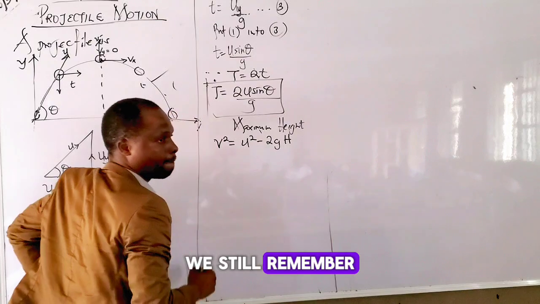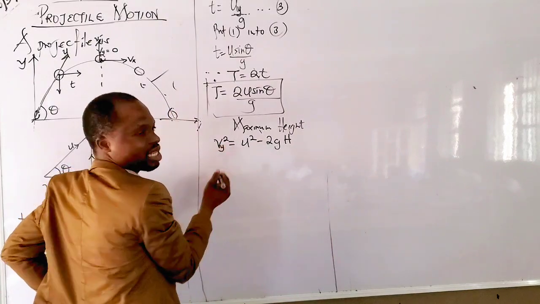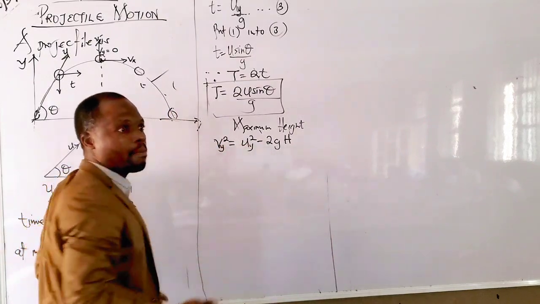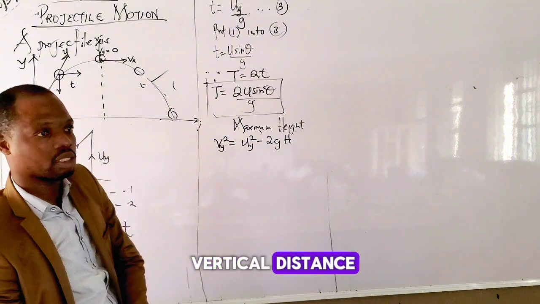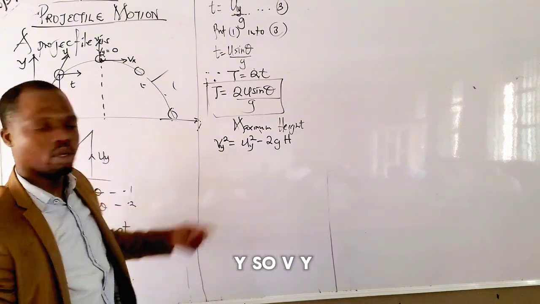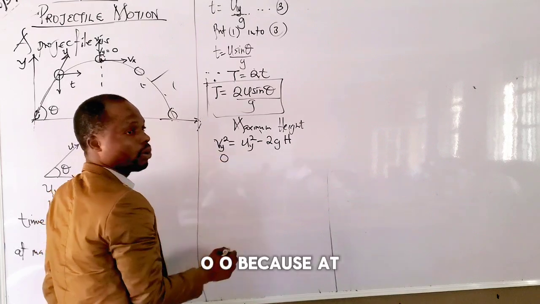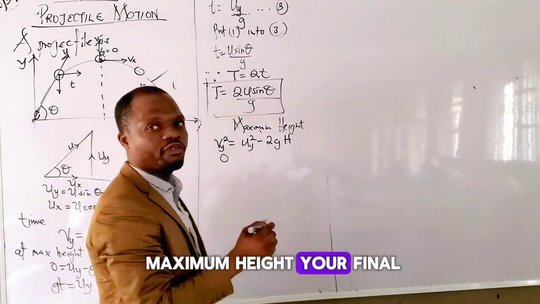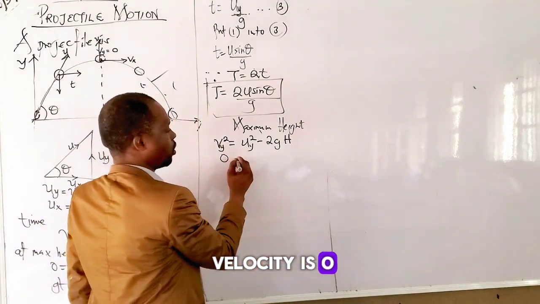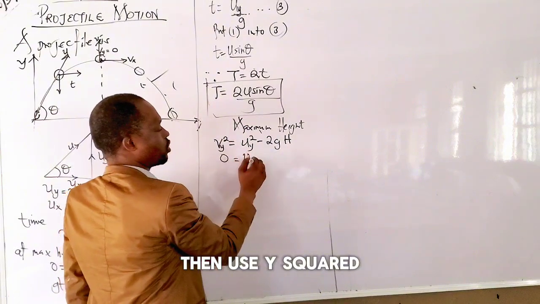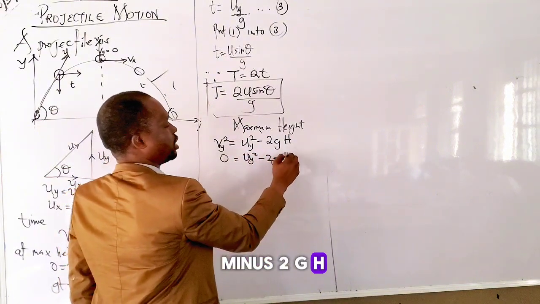Do we still remember this from motion under gravity? Since maximum height is a vertical distance, we are using Vy. So Vy is already what? 0, because at maximum height, your final velocity is 0. Then we use 0 equals Uy squared minus 2gh.